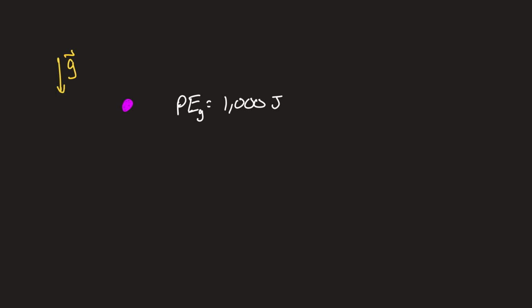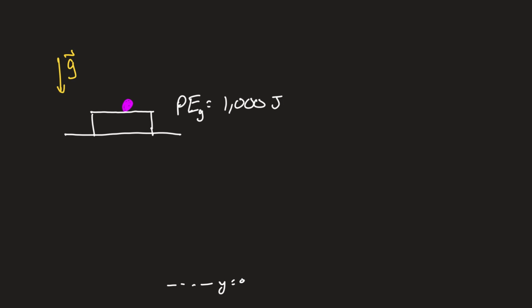This could be sitting atop a table in a room, depending on where you put y is equal to 0, which would be way down here, y is equal to 0, right? Or this could be on top of like a massive building or something, I don't know. It could be anywhere, right? It's arbitrary where you decide to set y is equal to 0, so these values at individual points end up being arbitrary.